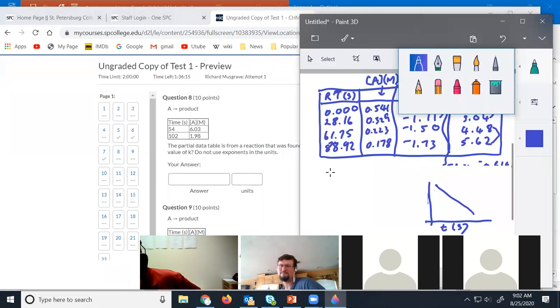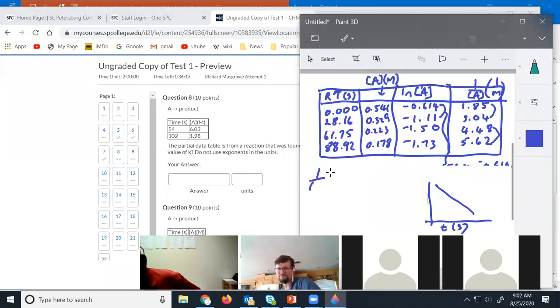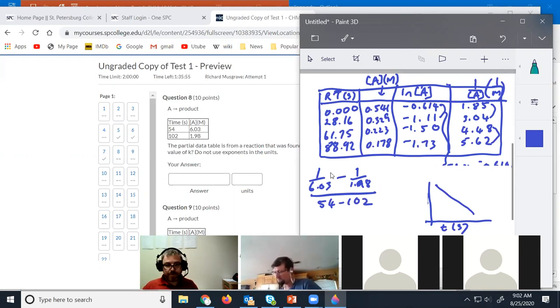So it would be 1 over 6.03 minus 1 over 1.98, sorry, yes, 1.98, over 54 minus 102. And that would give us our answer there. Now this is 1 over A, so the unit would be 1 over m on the y-axis.